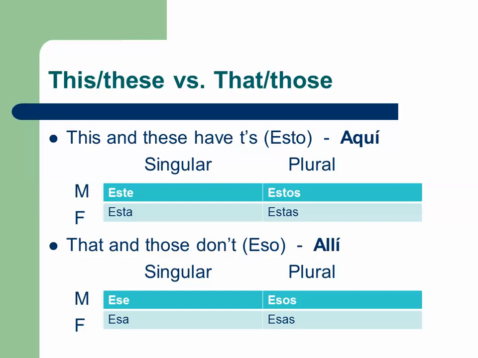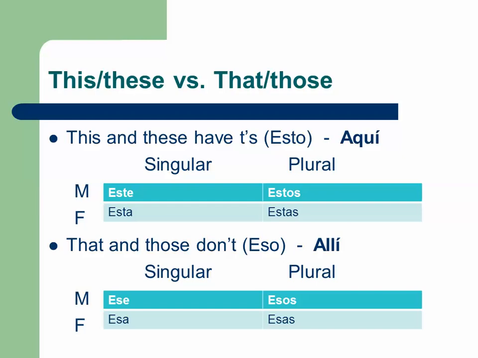This and these have T's in them. If you look at the example, esto, este, esta, estos, or estas, they all have T's in them. That and those don't.